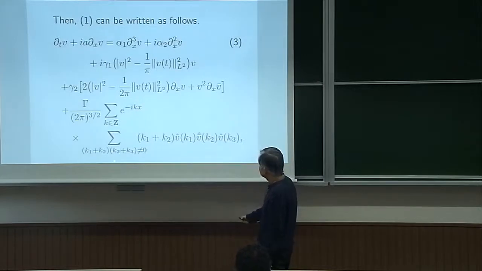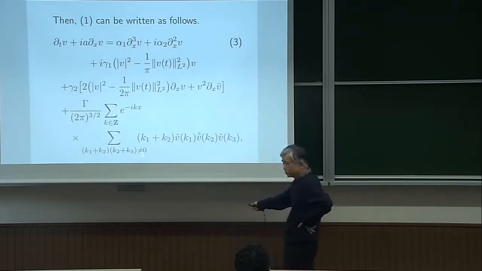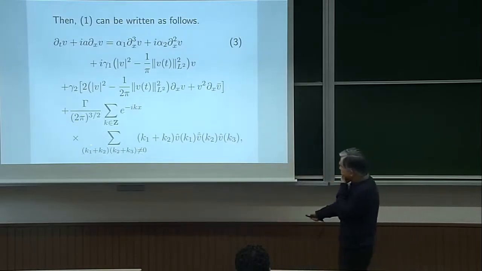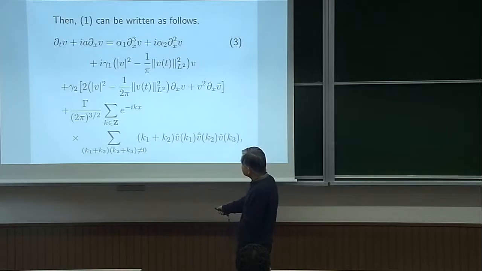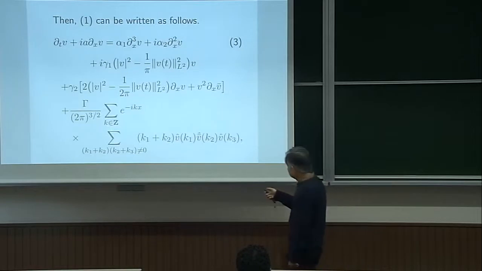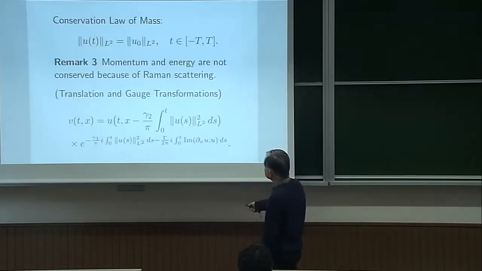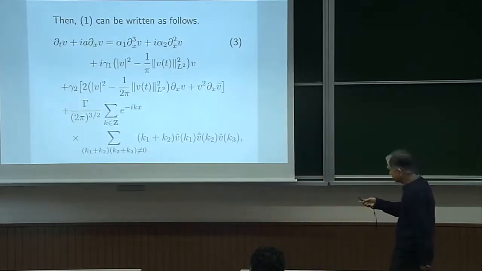Now this sum is taken over K1 plus K2 times K2 plus K3 not equal to 0. Of course, if K1 plus K2 equals 0, this term vanishes, and the sum over K2 plus K3 equal to 0 amounts to this term, i times A times dxV.